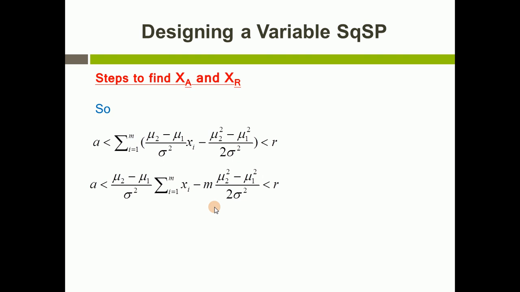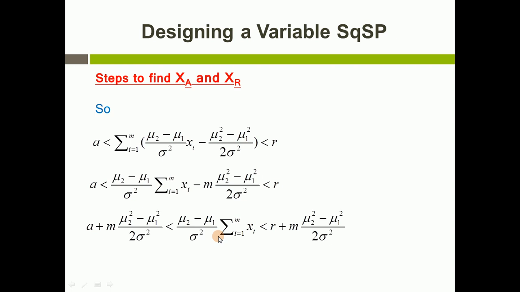So now I can take this quantity on the right side and on the left side by an addition. Then I would still have (mu2 minus mu1) over sigma square multiplied by summation xi.